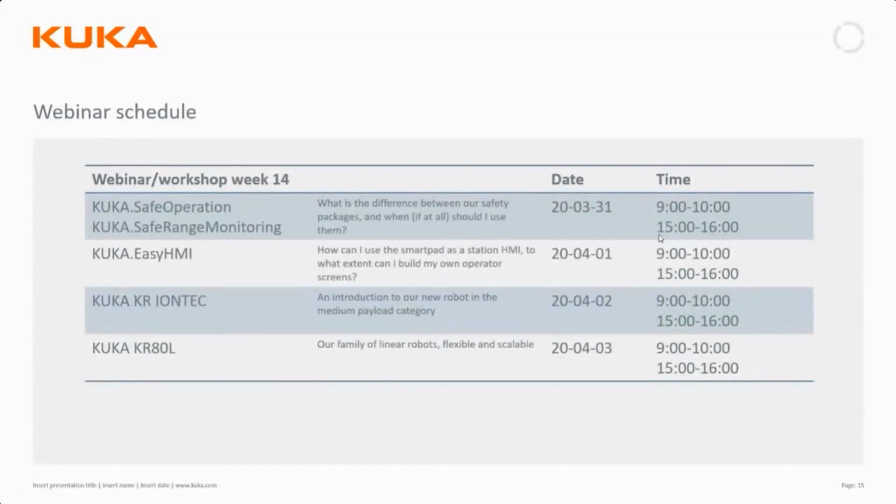And during next week, we will start off with safe operation and safe range monitoring, Kuka Easy HMI. And at the end of the week, we will actually present 2 of our newest products, namely the Kuka KR IonTech and the Kuka KR ATL family of linear robots.